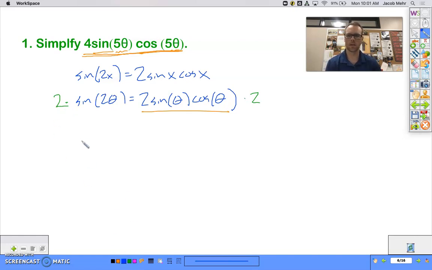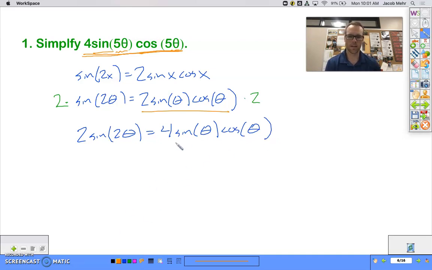That gives me 2 times the sine of 2 theta equals 4 sine theta cosine theta. Now, this is a little bit closer to that. What the issue is now is just our angles. We have thetas here, and we have 5 thetas there.